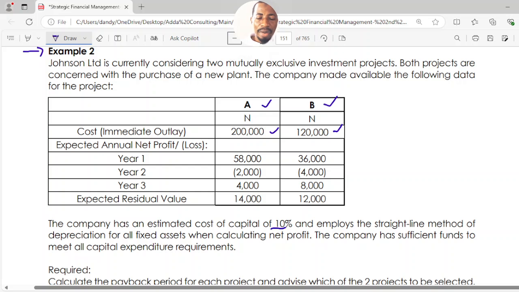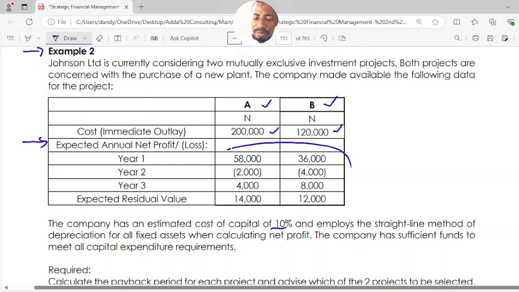You remember, when you want to calculate payback period, you need cash flows. It is only the accounting rate of return that makes use of accounting profit or loss. Therefore, when you look at the figures given to you here, the examiner has mentioned expected annual profit or loss. So you have been given profit, these are not cash flows.